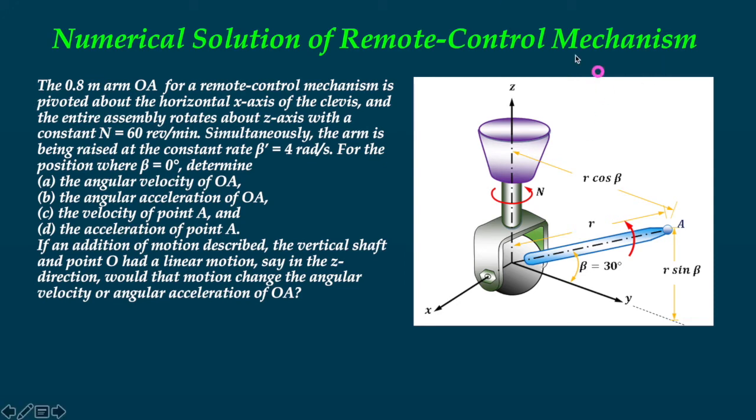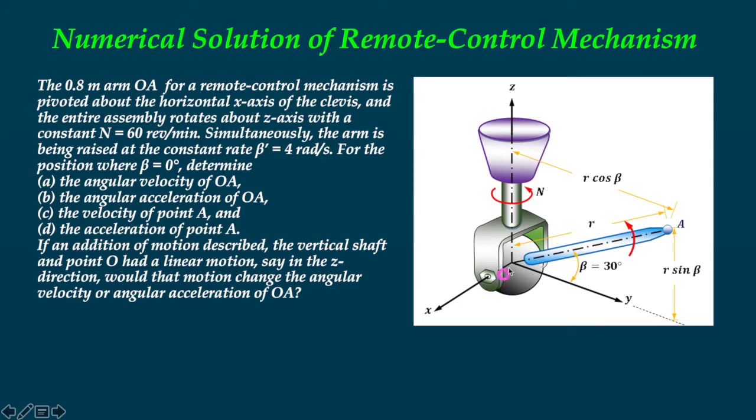Now let's solve a numerical based on this type of motion, means a rotation about a fixed point, and this fixed point is here, O. Two different angular velocities are involved there. One is this rod OA rotating about x axis with a velocity, let's consider that is omega x, and the other is about the z axis with rpm n.